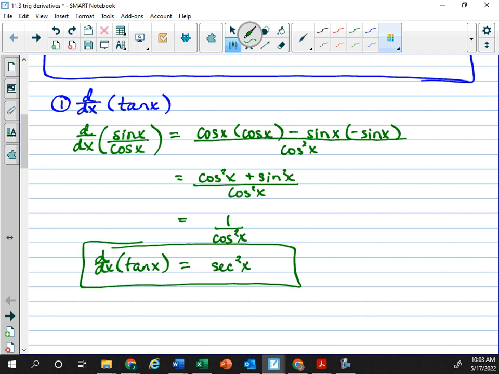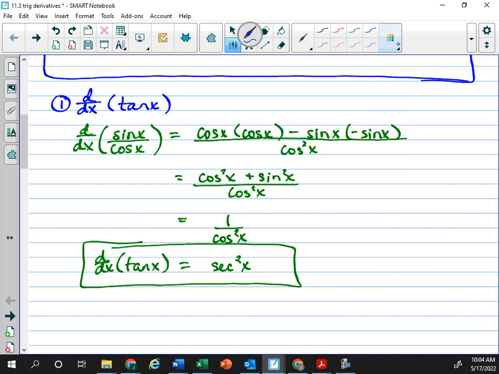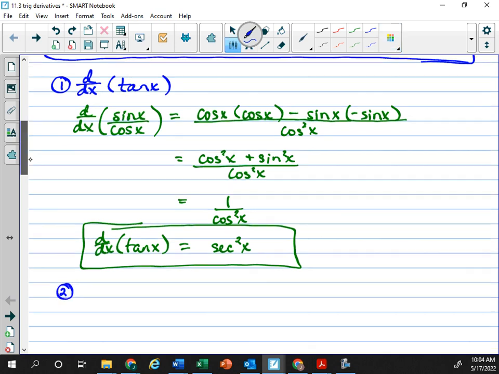Not really different than what we've been doing, other than you have to be able to find the derivatives of sine and cosine. But the mechanics are all the same as what we've been doing for a while now. All right, let's try another one. And stop me if you need more time, okay?